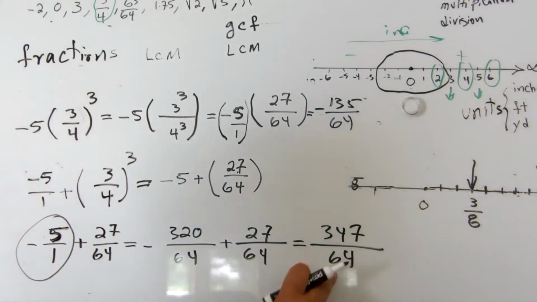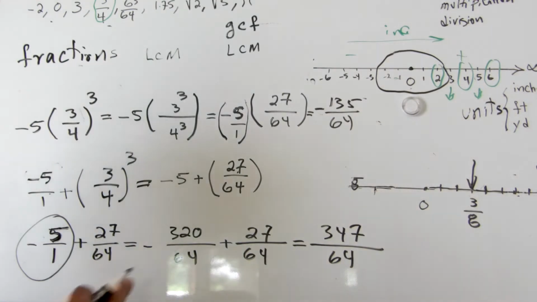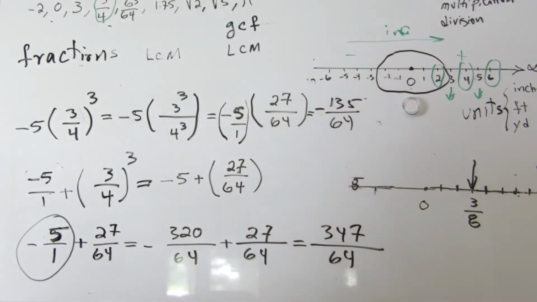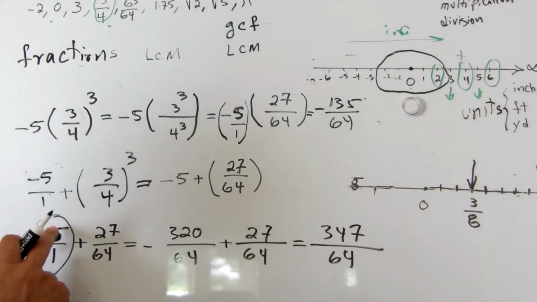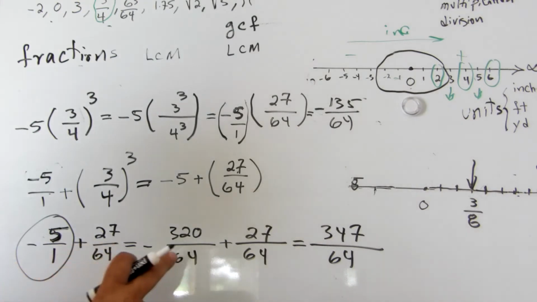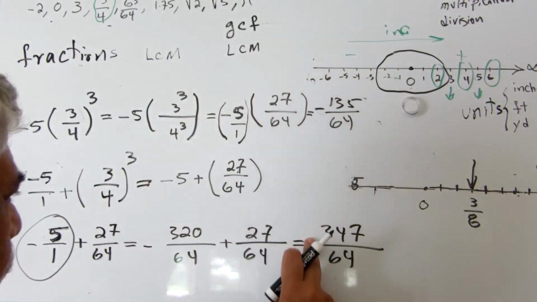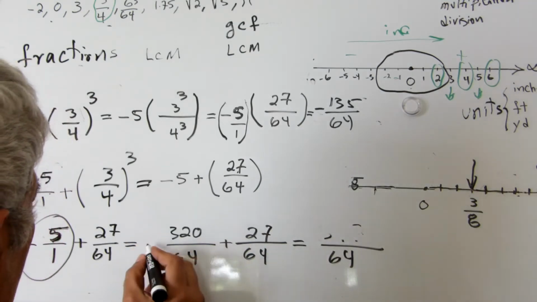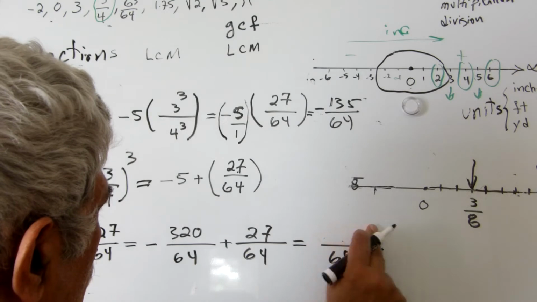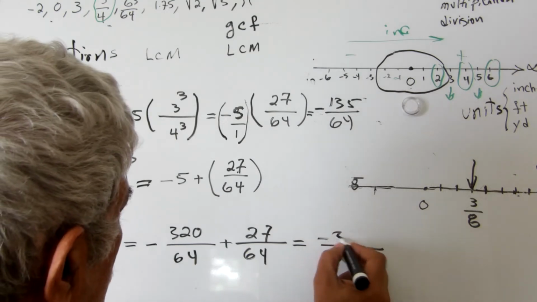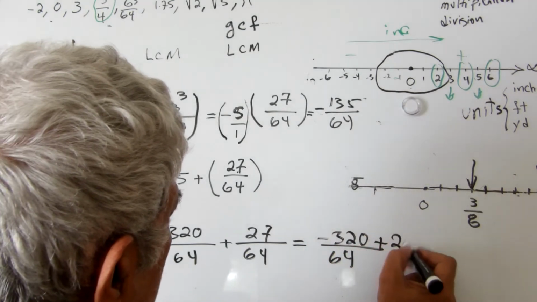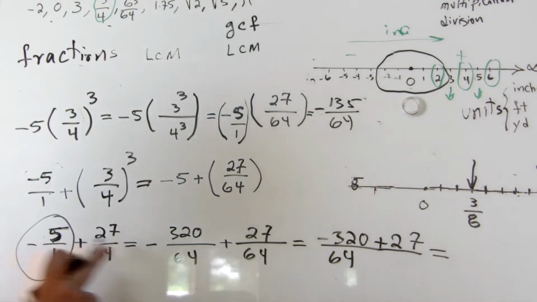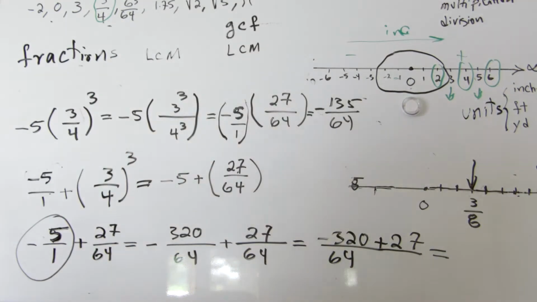We multiply the first fraction's numerator and denominator by 64, and then we add these together. I'm sorry, this is a minus here: minus 320 plus 27. You have to notice that this has a minus sign behind it.